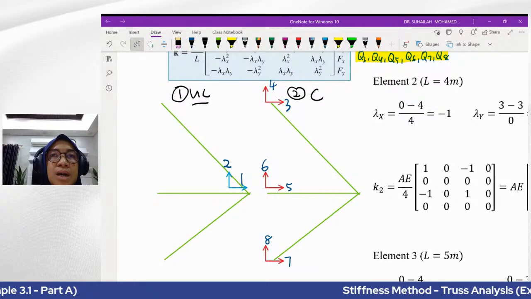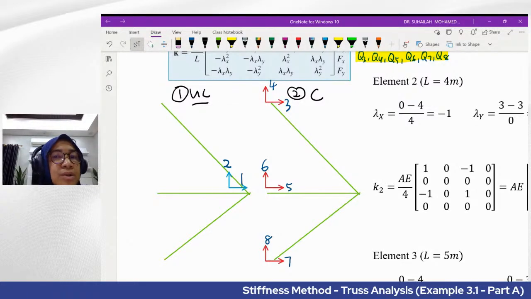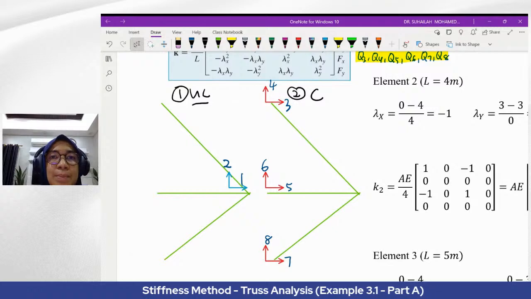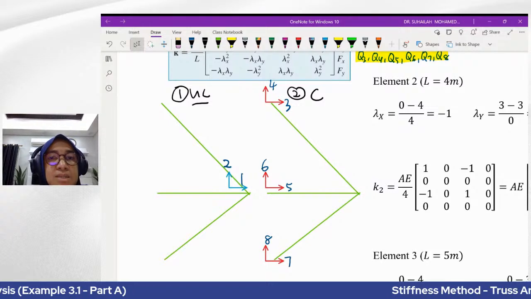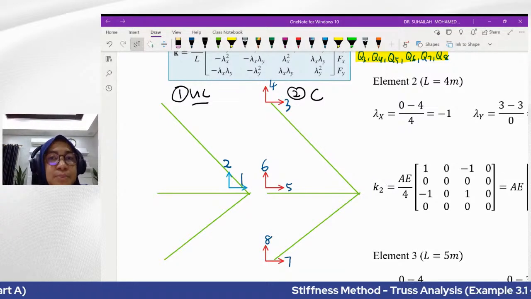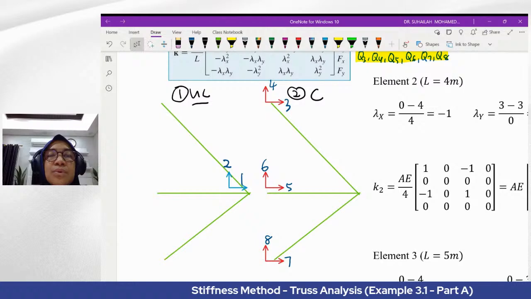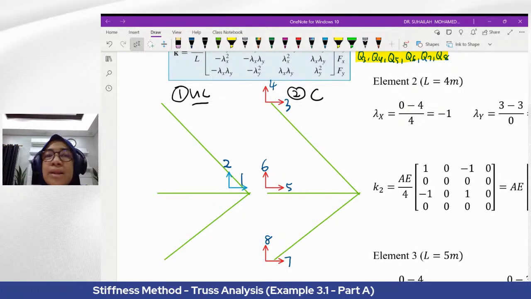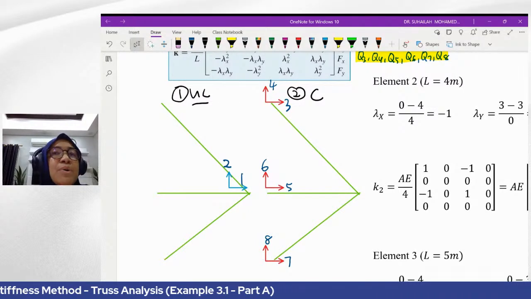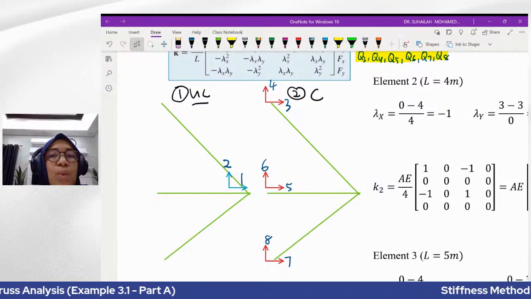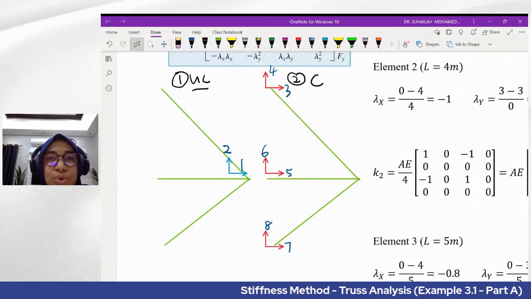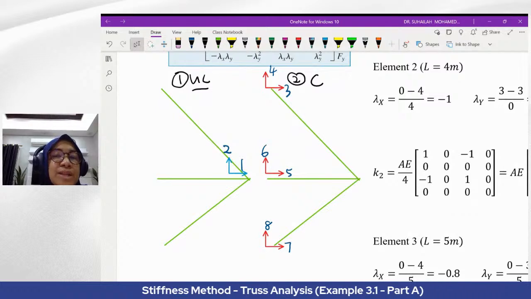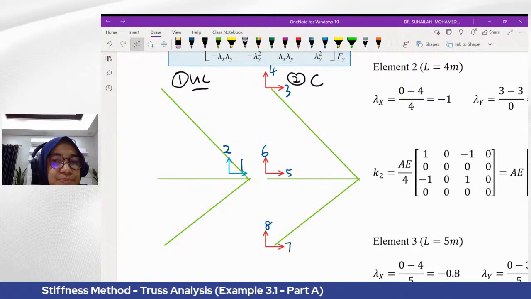I will sketch the unconstrained and constrained systems separately and label the degrees of freedom, starting from the reaction at the support. By looking at the support, we know the number of unknown reactions. And always remember, the number of unknown reactions equals the number of degrees of freedom in the constrained system.